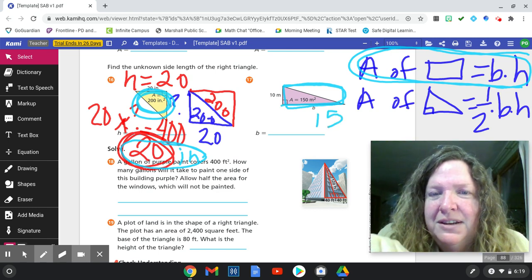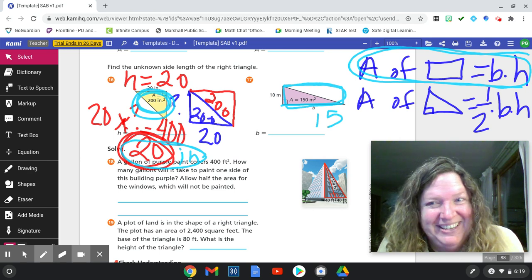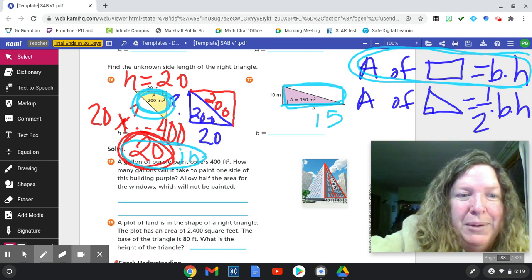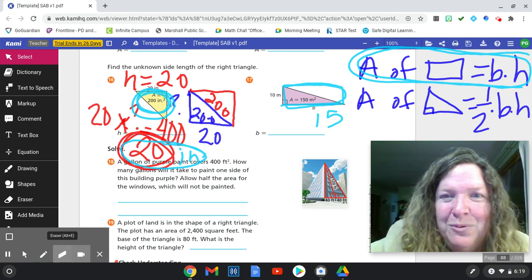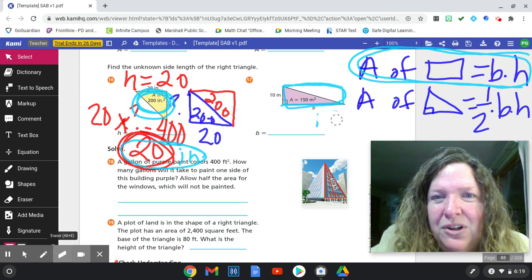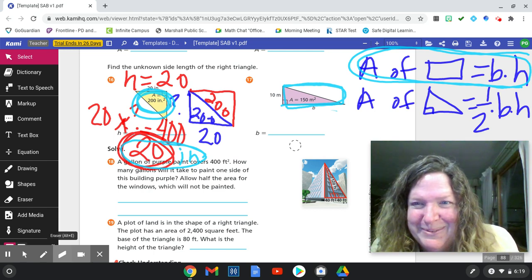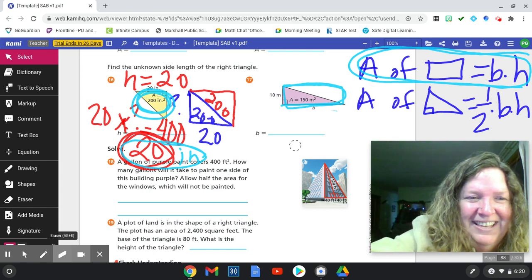15. 10 times 15. Uh-oh, hold on. 10 times 15 gives us 150, but we're using the formula for the rectangle. The inside of the rectangle isn't 150. What is it?